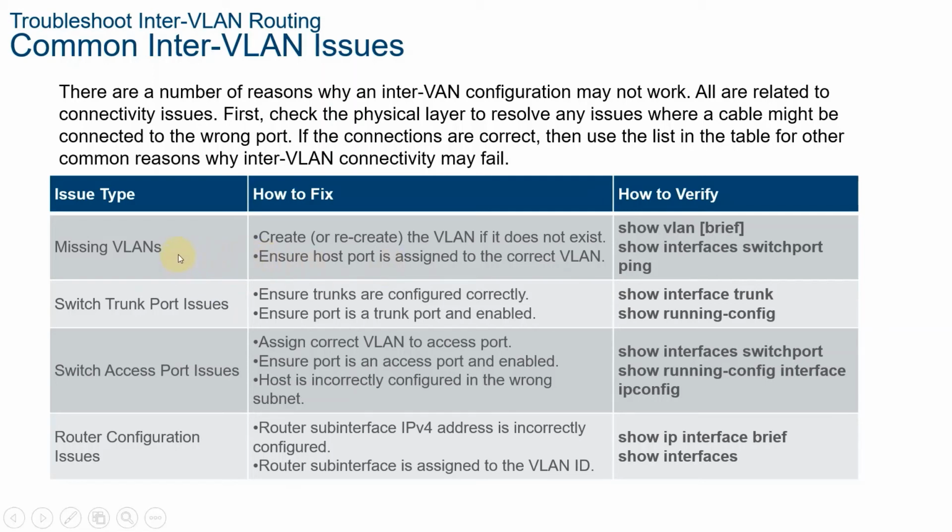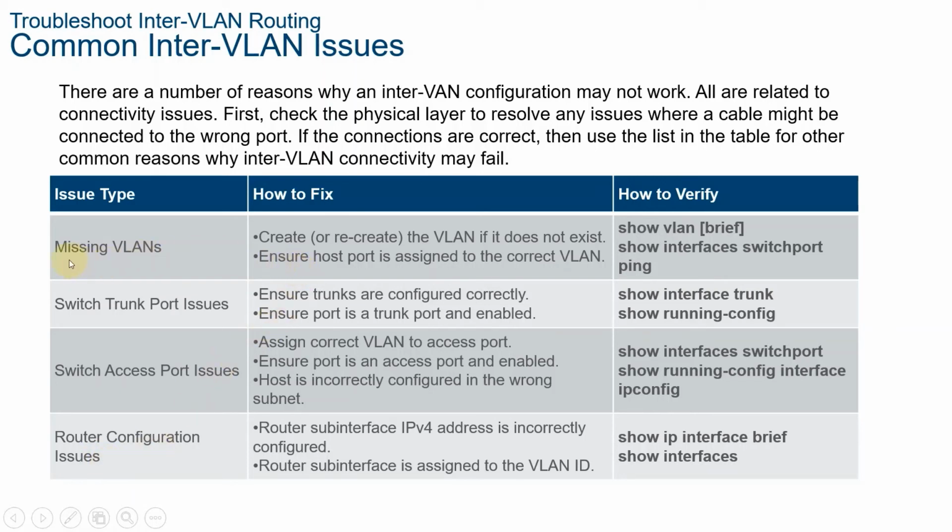These are the issues here, and we are going to go into details about each issue type, how to fix it, and how to verify it using the router configuration or show commands. The issues include missing VLANs, switch trunk port issues, switch access port issues, and router configuration issues.